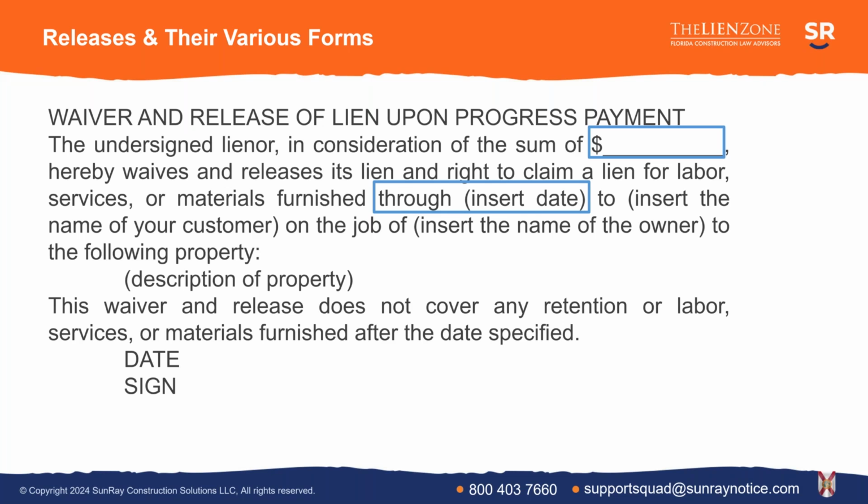Now, what's important to understand about the statutory lien waivers is that the only right that you're giving up is your lien right. You have a bundle of rights. You have your contract rights, you have rights for change orders, for delays, and you also have lien rights. When you sign a statutory lien release, you are only giving up your lien rights.